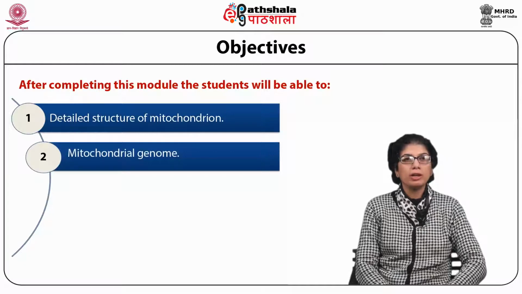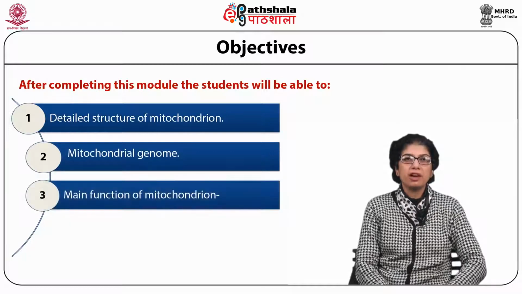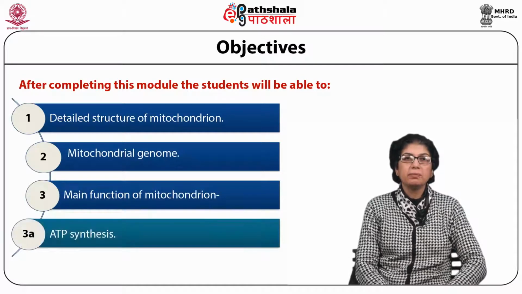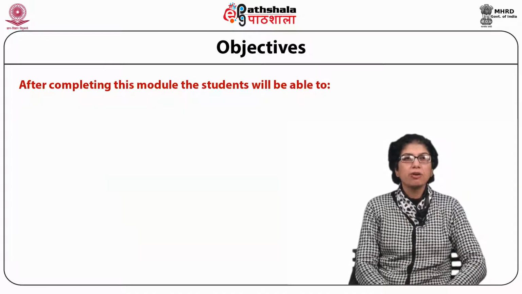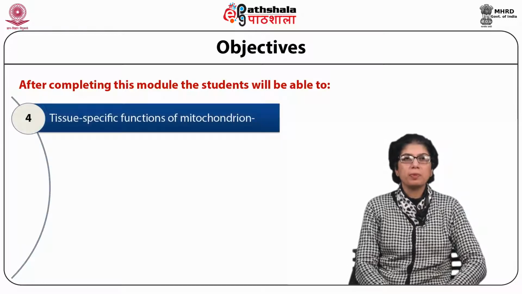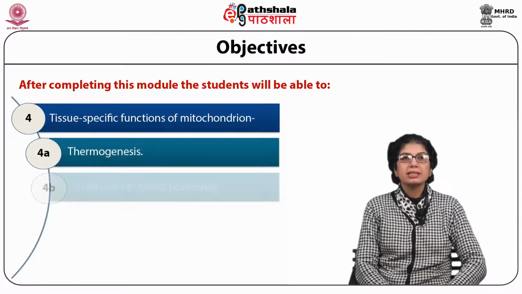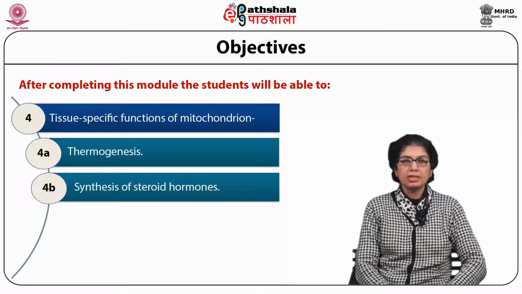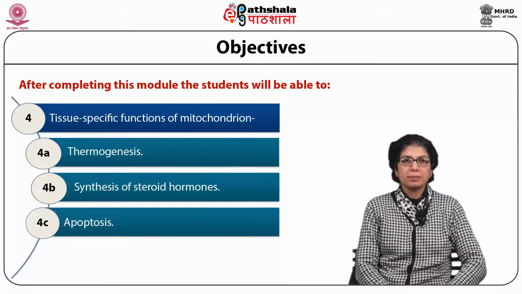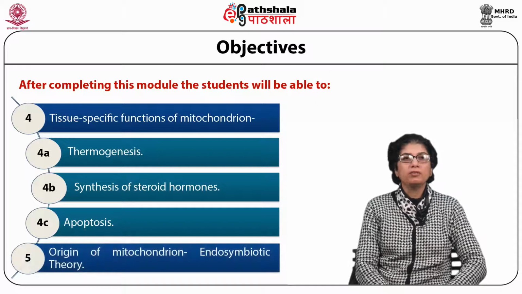Then we will go on to study the main function of the mitochondrion, which is ATP synthesis. There are also some tissue-specific functions of the mitochondrion, for example thermogenesis, synthesis of steroid hormones, and apoptosis. Lastly, we will study the origin of the mitochondrion, which is given by the endosymbiotic theory.